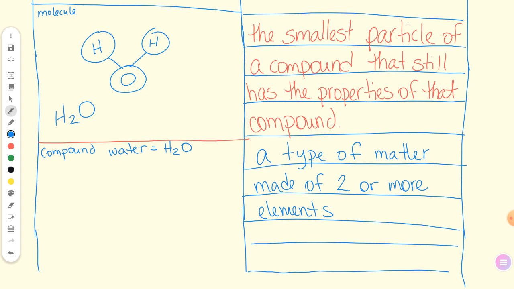Once you have that, I want you to locate the picture. Does everybody have this? Okay. You guys will need a green colored pencil, a red colored pencil, and a blue colored pencil.